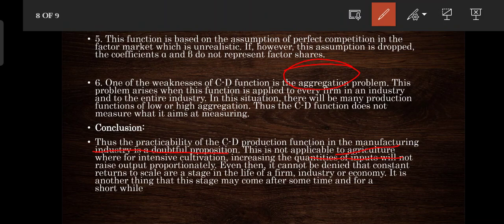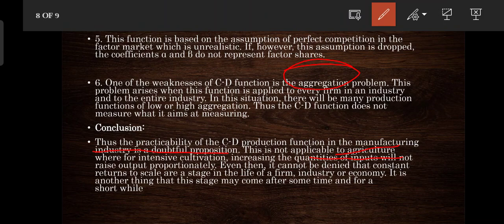That is, for agriculture, we know that when intensive cultivation is taken up, there is a need for more inputs, and the output will not increase in the same proportion as the added inputs. So we cannot use agriculture as a factor which has the influence of the Cobb Douglas production function.